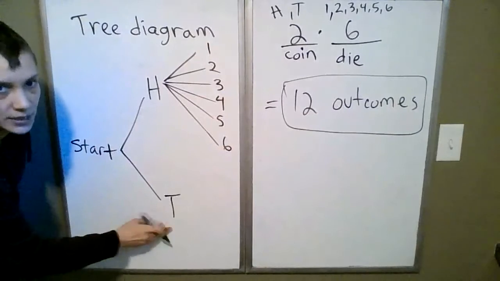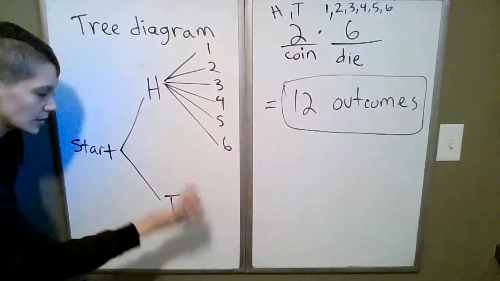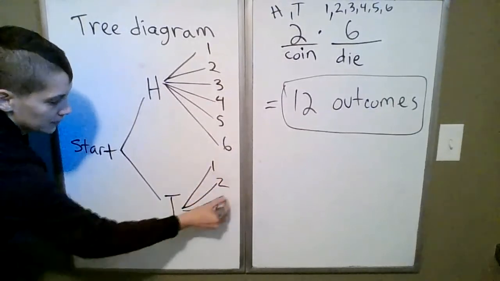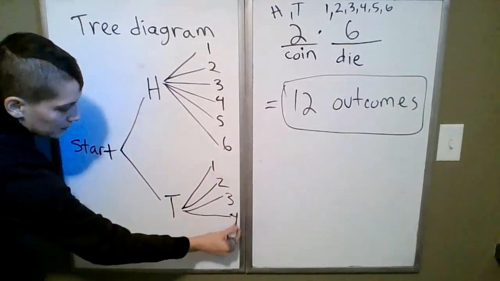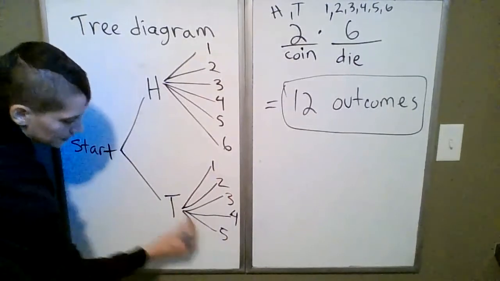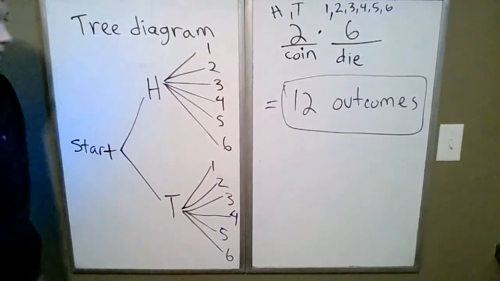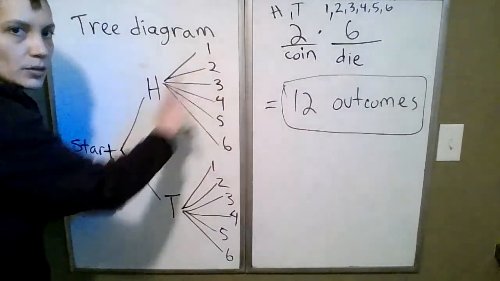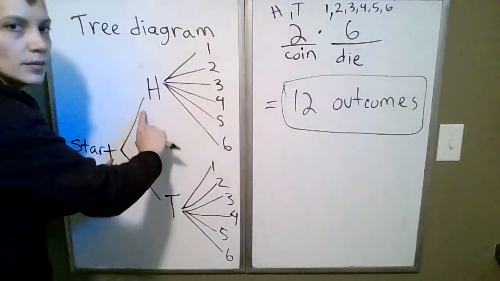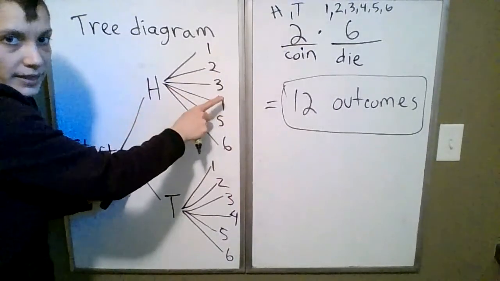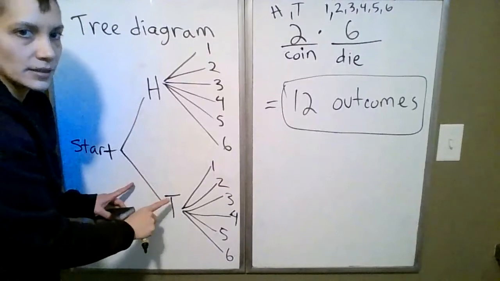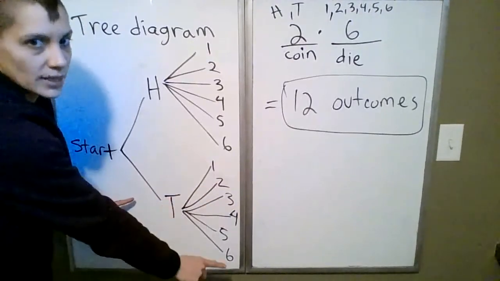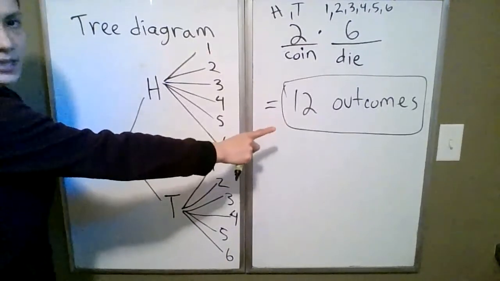And the same thing if you have tails and then roll a die, the choices are 1 through 6. So you get each outcome by following the branches. You can have heads, then 1, heads, then roll 2, heads, roll a 3, and so on. Go from tails and then roll a 2, tails, roll 3, and tails and rolling 6. Gives you 12 possibilities.